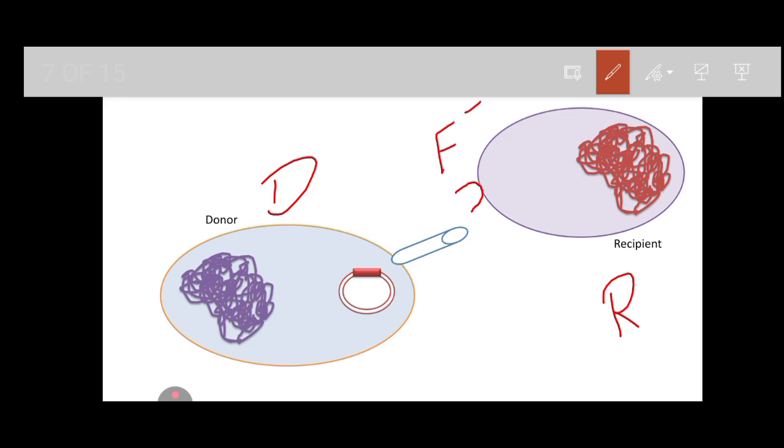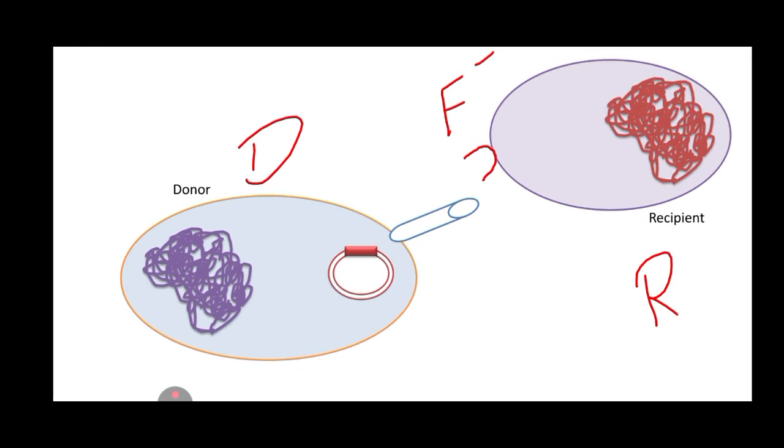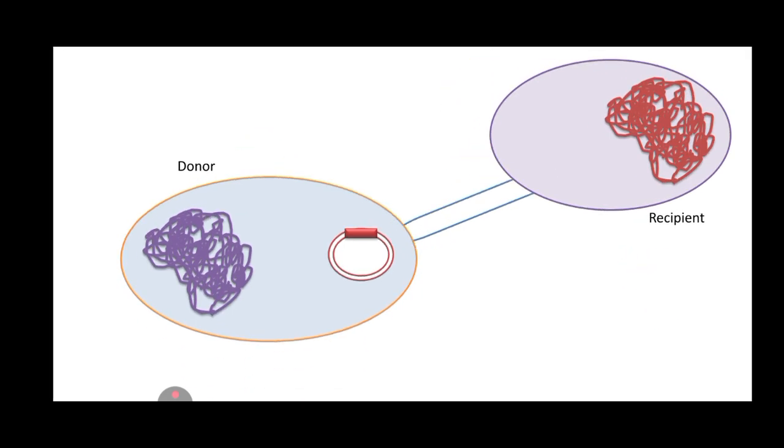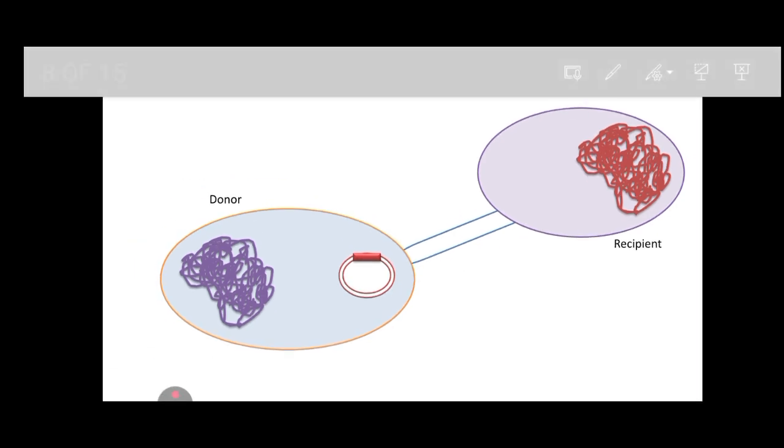The pilus grows and connects the recipient cell with the donor. Finally, the connection is completely established. This can be clearly observed by the formation of a mating bridge between donor and recipient, right?